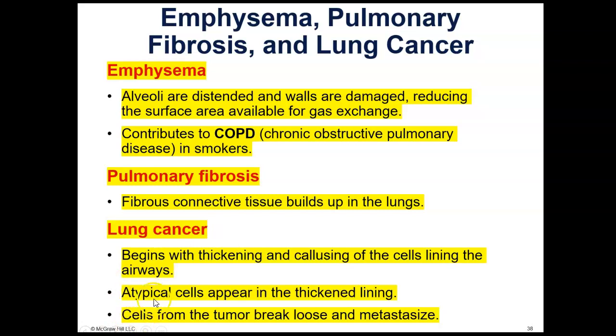Then you get atypical cells, which are not normal healthy cells, that become cancerous cells, and they form a tumor. Cells from the tumor can break loose and metastasize. We call it lung cancer if the cancer begins in the lungs, but oftentimes a person who gets lung cancer will end up with cancer in other areas of the body.